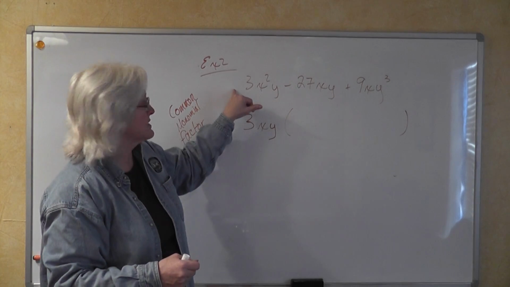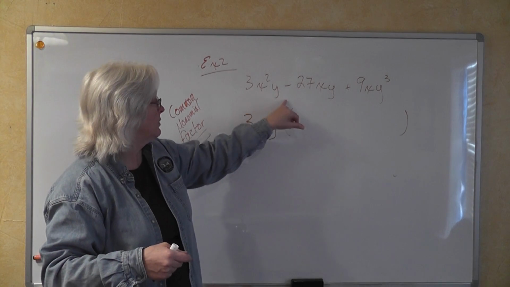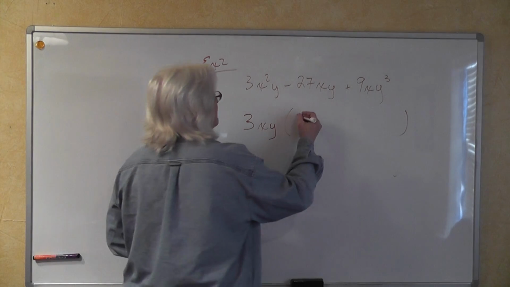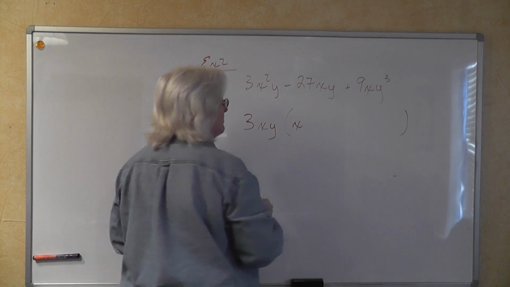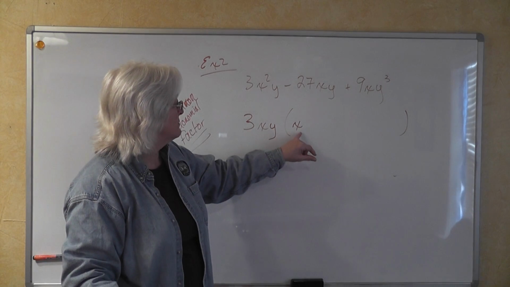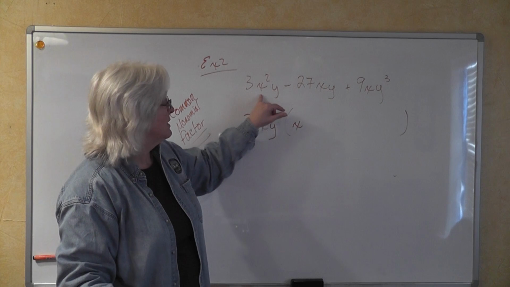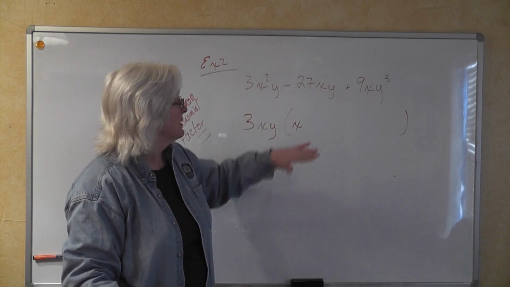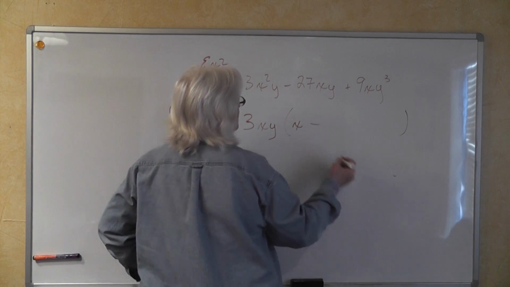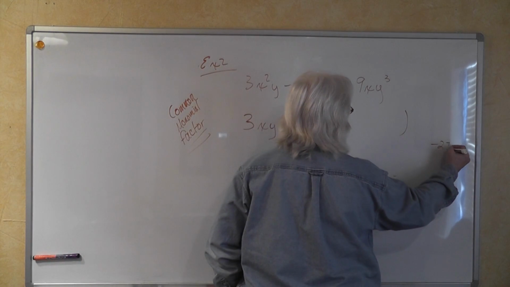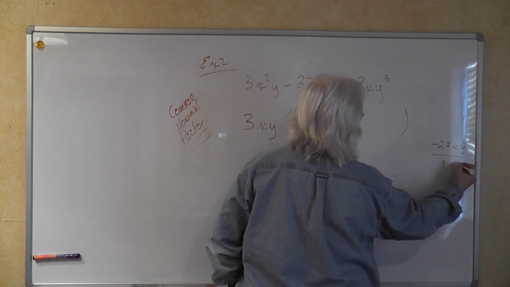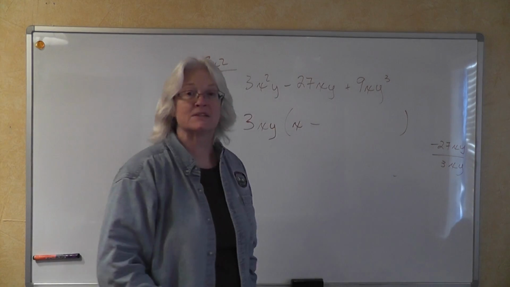First, I'm going to think out loud: 3x squared y divided by 3xy. What do I have remaining? I have a factor of x remaining. And we can check this by saying 3xy times x is 3x squared y. Now we're looking at negative 27xy. If I have negative 27xy divided by 3xy, what is that?